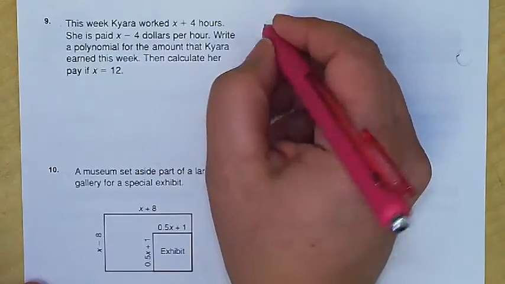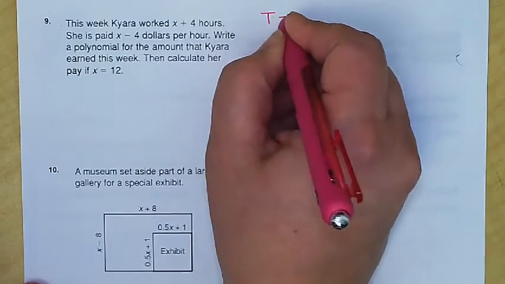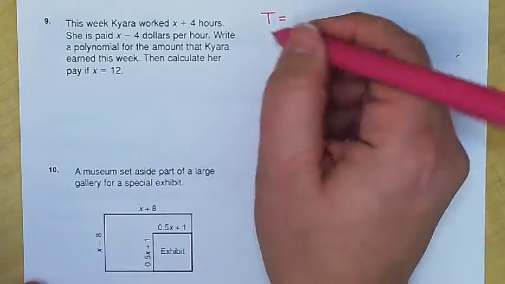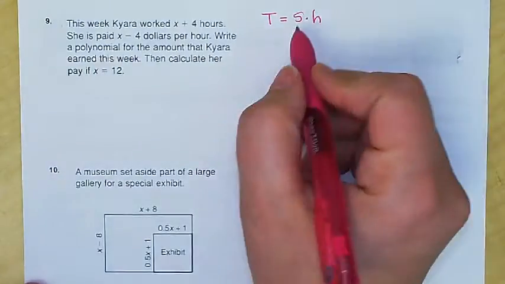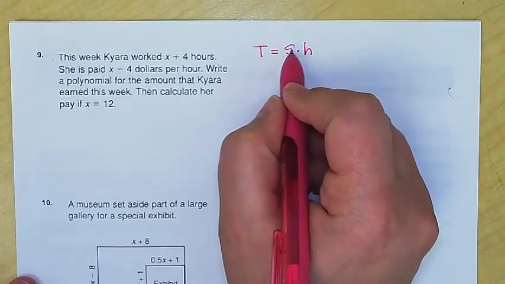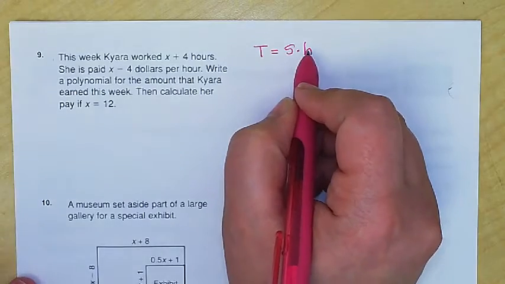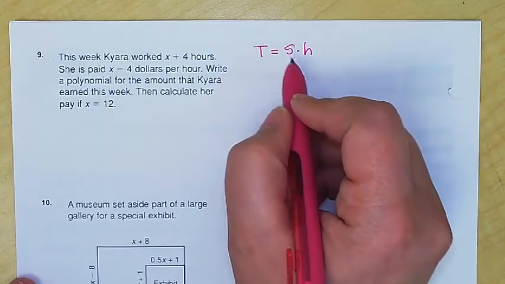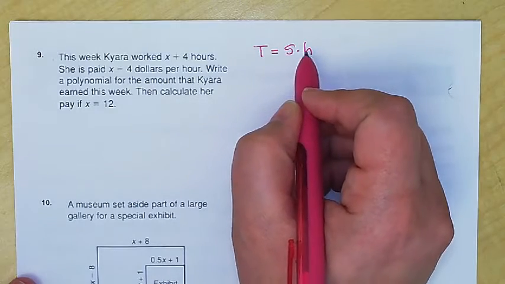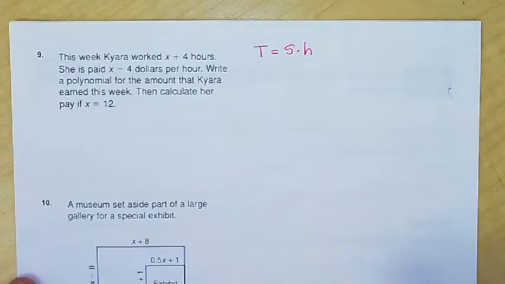So we know that typically the total that we get paid is our salary times however many hours we work. Like if I get $9 an hour and I work for 4 hours, I know I get $36. Or if I get $10 an hour and I work 7 hours, I'd multiply those and say, oh, I'm going to get $70. It's a multiplicative type of problem.